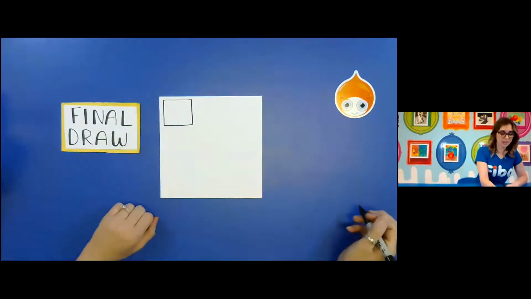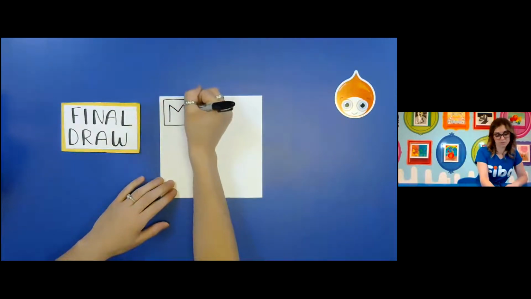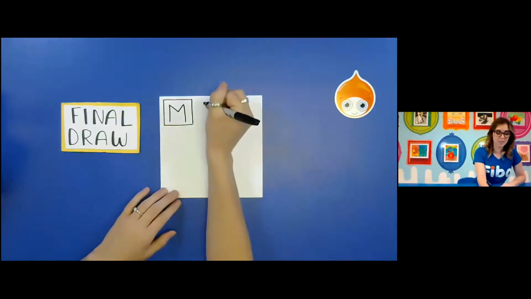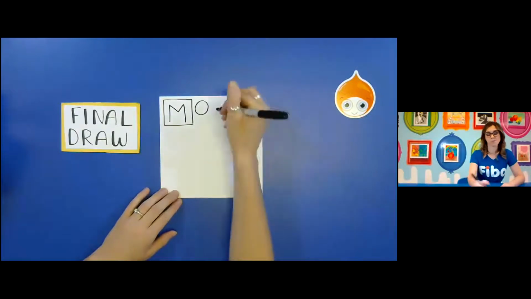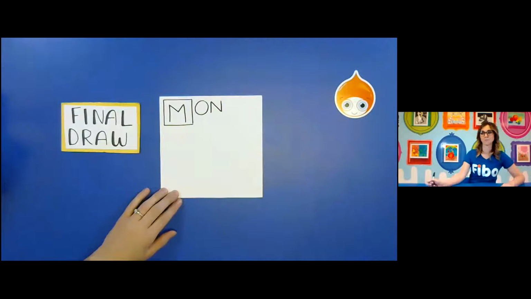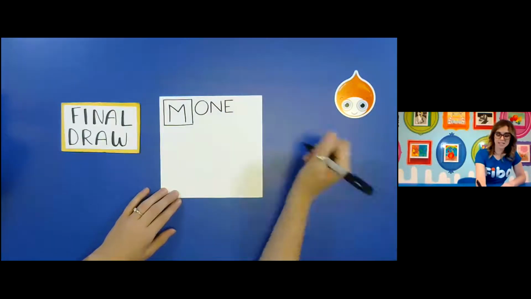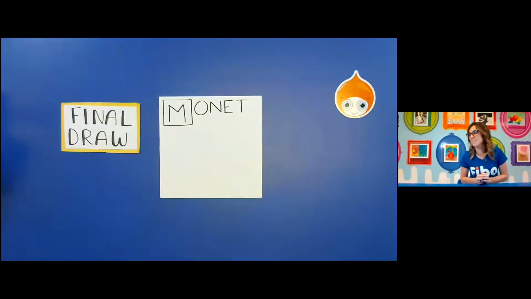And we're going to draw the letter M. We need to finish Monet's name, so we're going to draw a letter O, N, E, and T. If you're still writing that name, you can pause this video.